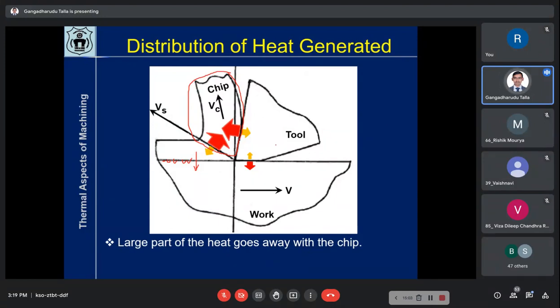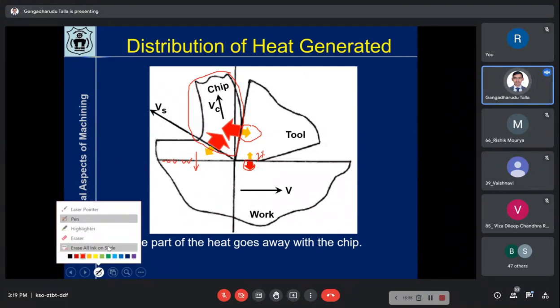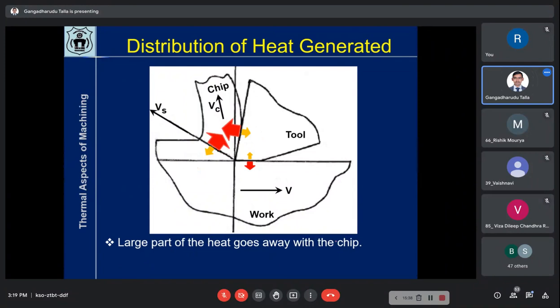Fortunately, here, even though the majority is going to the workpiece, this portion itself is about 2% only, so the quantity of heat coming to the workpiece is less. Ultimately, the chip absorbs the highest amount of heat, followed by the tool, then the workpiece. That is what we want, because workpiece properties should not change. So a large part of the heat goes away with the chip.